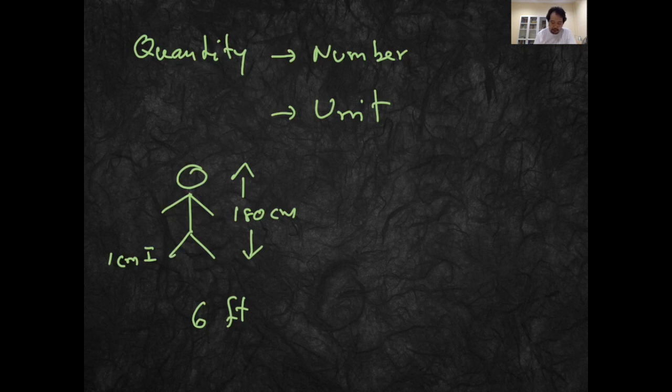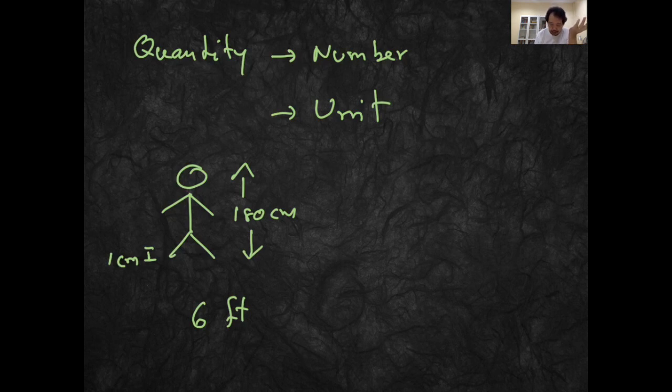Now, in this example, you can see that for one quantity, you may express that quantity using different units. You can express your height in centimeters, which means that you compare with the standard centimeter.